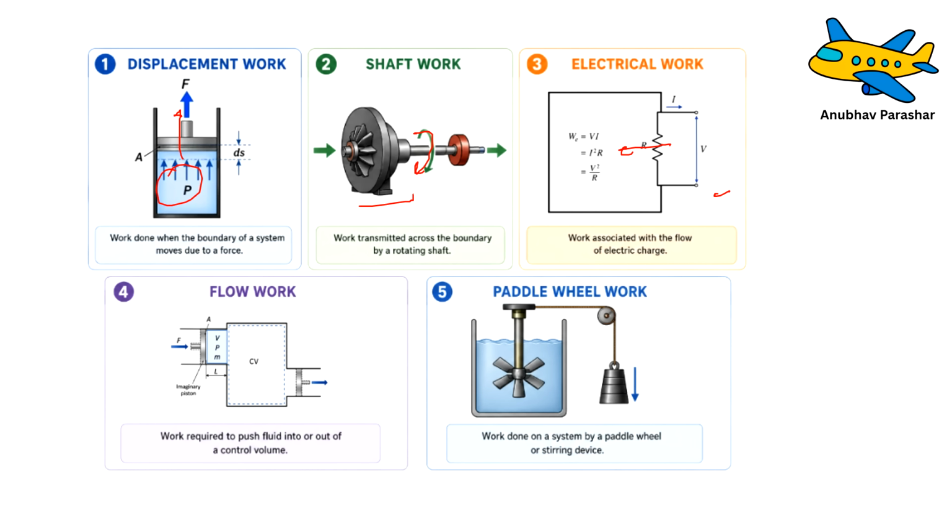Try to understand this. Suppose we are heating a room, we have kept the heater inside the room. The heater coil is, say, red, it is hot and it is releasing energy. Now this will not be considered as heat transfer. Why? Because this is not because of temperature difference between system and surrounding, because the heater is already placed inside the room, and the surrounding temperature will be lower.